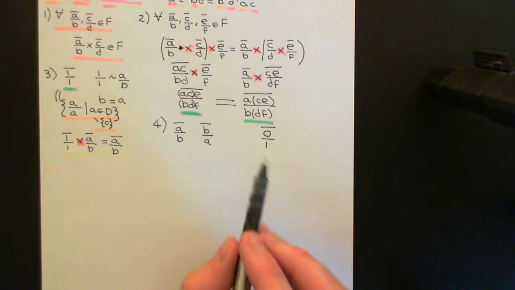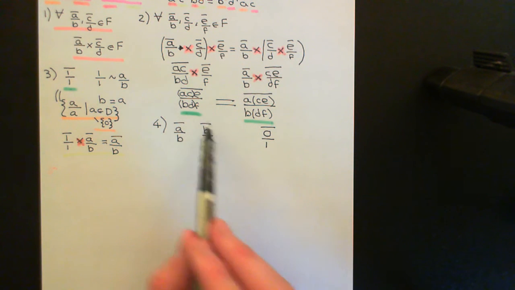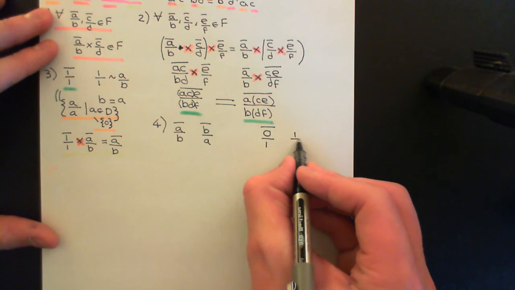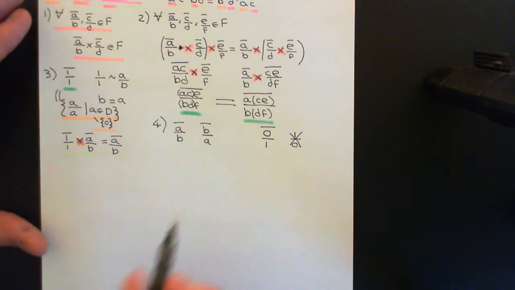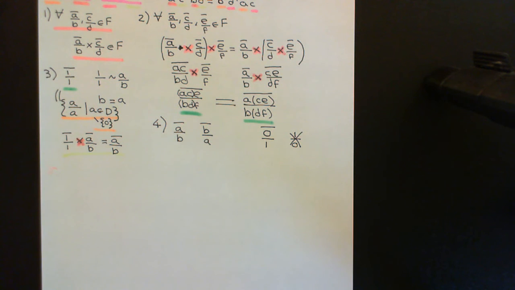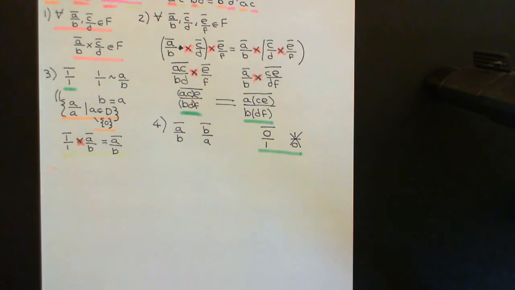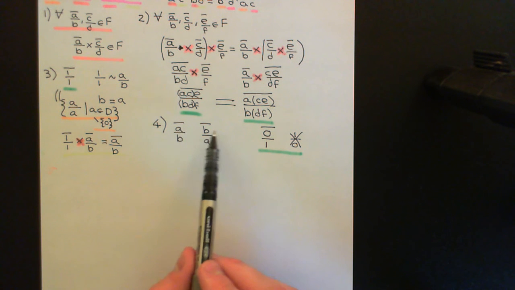Now if I attempted to construct this equivalence class here for this, what I would end up constructing is the fraction 1 over 0, and that's not a fraction. So that's why you can't find a multiplicative inverse for the additive identity, and we know that that's a convincing sign that we're actually going to end up with a field here, because we shouldn't be able to find a multiplicative inverse for the additive identity. But for all other fractions, where a is not equal to 0, we can do this.